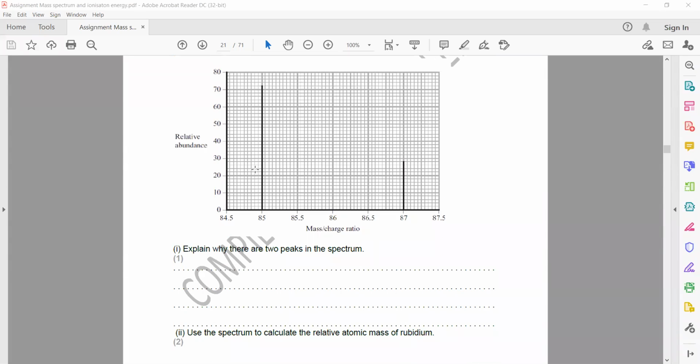So how can we calculate the relative atomic mass? The mass multiplied by percentage, so that it's 72, and this will be 28. So when we calculate, this will be 85 multiplied by 72 plus 87 multiplied by 28, and that divided by 100.